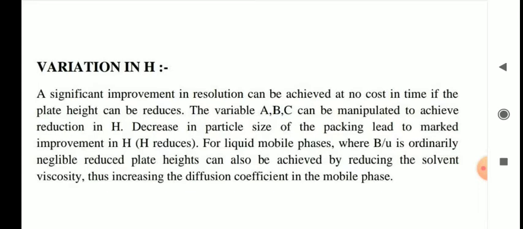If you want a lower cu value, then the flow rate or the mobile phase velocity should be low, and the equilibrium of the solutes between the stationary phase and the mobile phase will be faster if the mobile phase flow rate is small. Okay, you can reduce the solvent viscosity also. In that case also, the diffusion in the mobile phase of the solutes will be faster and they can interact with the mobile and the stationary phase faster.